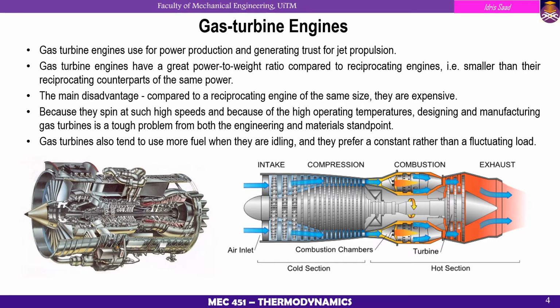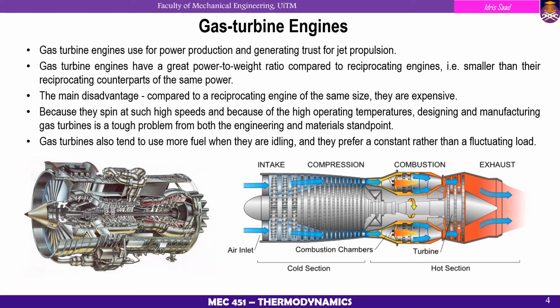However, the main disadvantage of the gas turbine engine compared to a reciprocating engine of similar size is that they are very expensive. The gas turbine engines are expensive because the components of the engine need to spin at much higher speed than the reciprocating engine. Also, the operating temperature of the gas turbine engine is much higher.